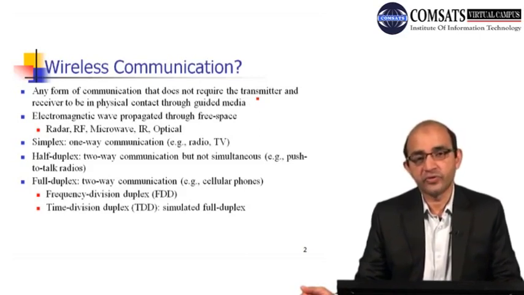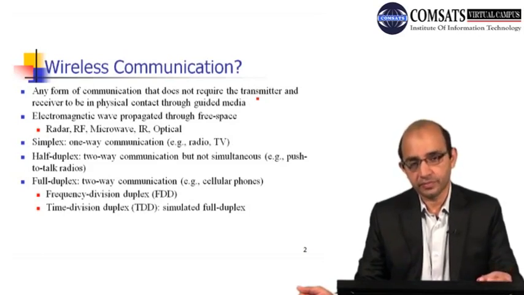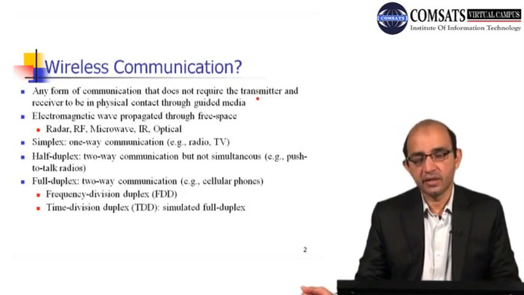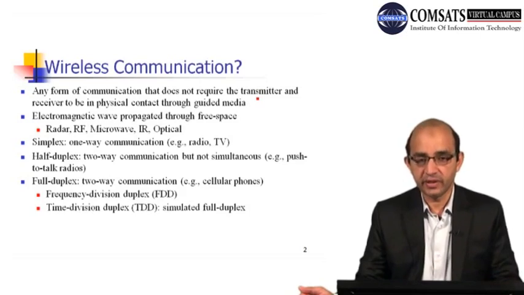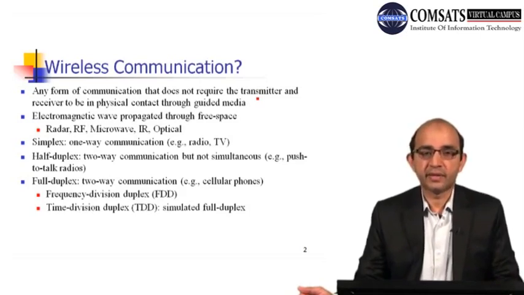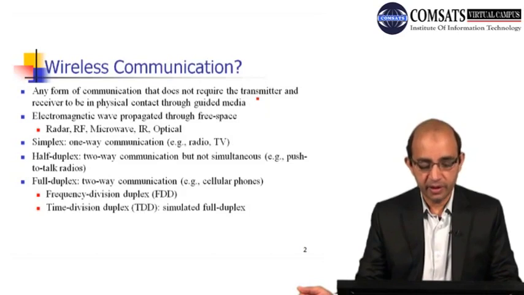One of the best examples is our radio receiver, where we can only receive from the source to the destination, and the destination is our radio receiver. Another example is that of a TV. You have the idea that in TV we have simplex communication, only one-way communication.